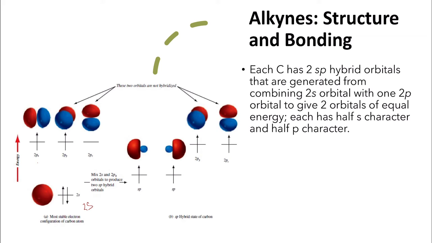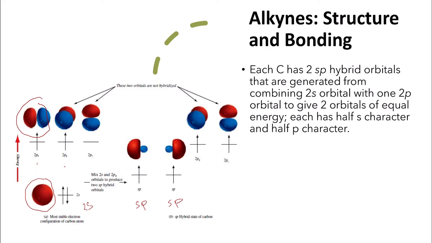The p orbital has three suborbitals, 2px, 2py, and 2pz. Now, to form the sp hybridized orbitals, the 2s orbital combines with only one of the p suborbitals to give two new hybridized orbitals, each called an sp orbital.